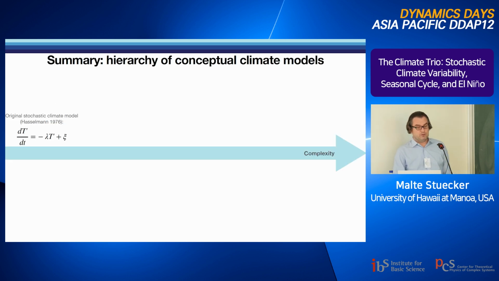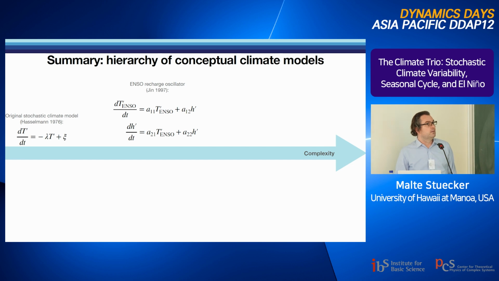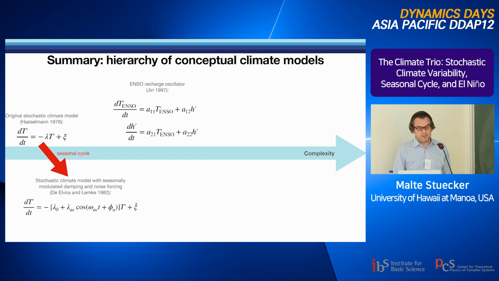Now, I want to just end here with a summary. We started with the classic Hasselmann model, and then the ENSO recharge oscillator model, the 2 most simple but powerful models that we use in climate that describe a lot of the variability we see.